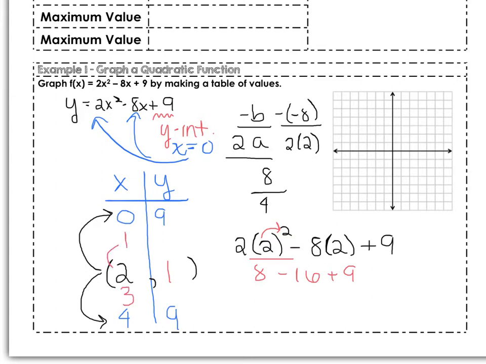They are both 1 unit away from our axis of symmetry. And I can plug in either one, and they're going to have the same y-coordinate. So let's plug in 1 because it'll be a lot easier on ourselves. Once again, work smarter, not harder. 1 squared is 1, and 2 times 1 is 2, minus 8, and plus 9, and we get a y-coordinate of 3. Now all I need to do is plot my points.